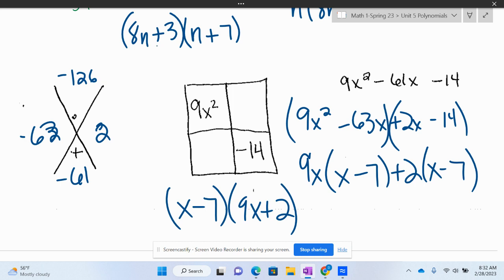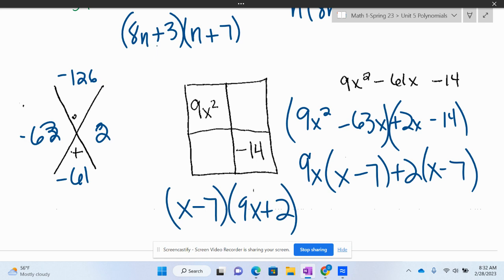9x, right? So take out a 9x. Okay. The greatest common factor here in that row: 2. So it's a positive 2, so plus 2. Okay. Greatest common factor in that column.